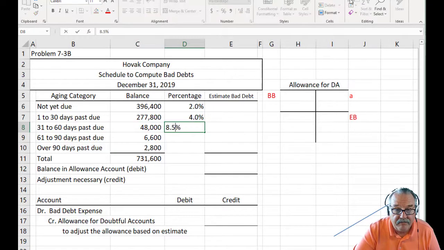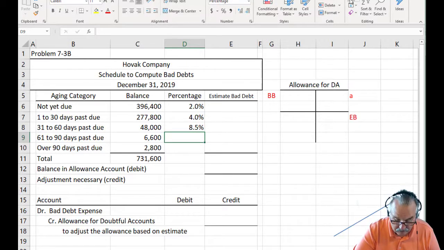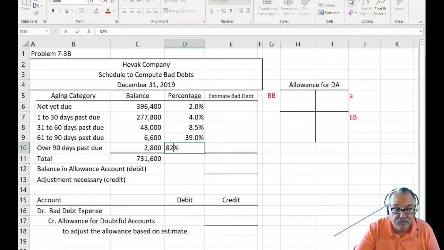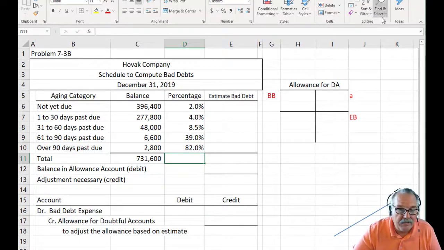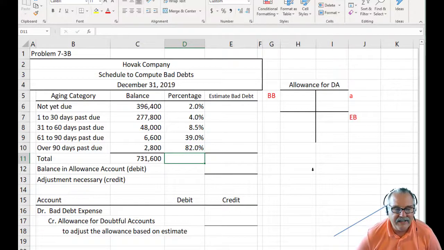And we're going to use 8.5% for 31 to 60 days past due, 39%, and you can see it jumps way up at 61 to 90, and then over 90, 82%. You know, I don't know why that wouldn't be 100%, because if something is now over 90 days past due, those people have left town, they're not going to pay.